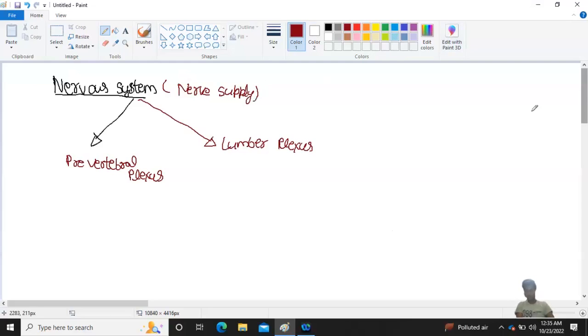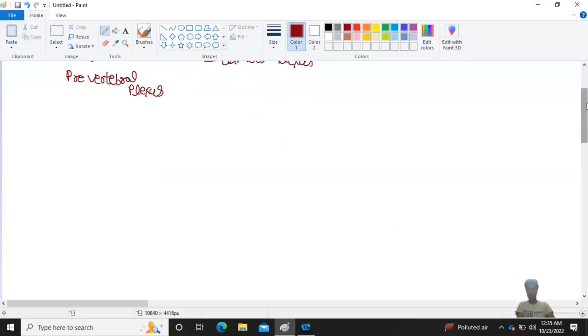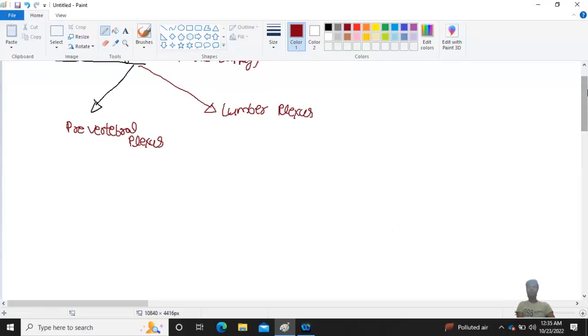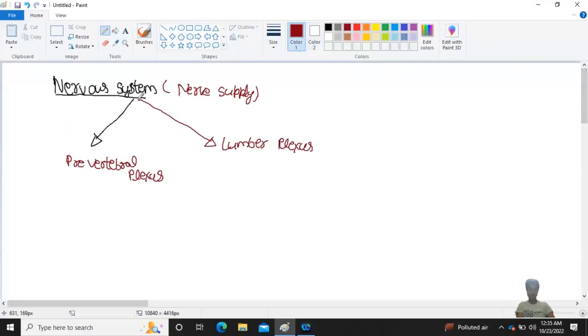So first we are starting with the prevertebral plexus, and another important plexus is the enteric nervous system, which is especially for the GIT. Enteric nervous system.